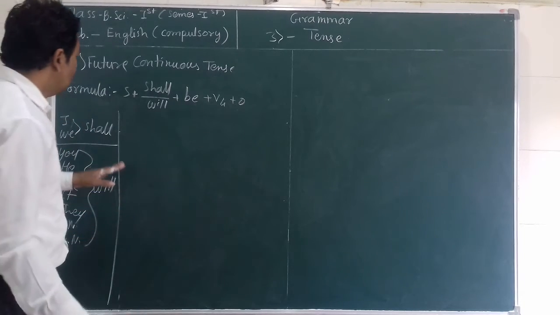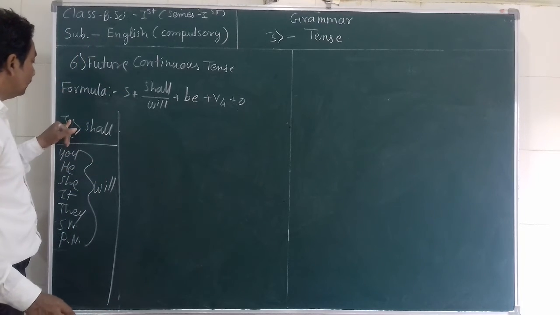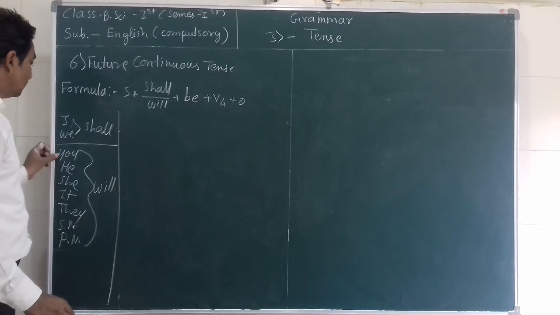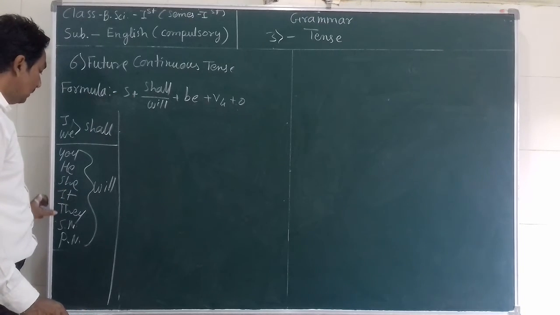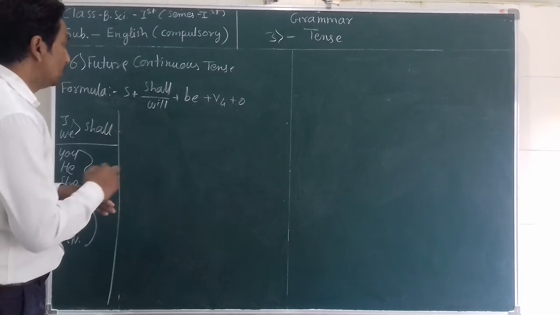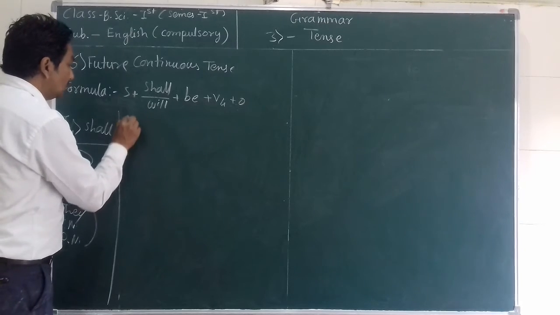Always remember this while making sentences of future continuous tense. In front of I and we we need to use shall, and in front of you, he, she, it, they, singular noun and plural noun, always use will to form the future tense. So now let's start the sentences.